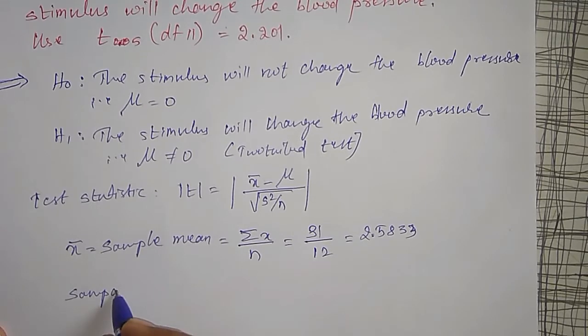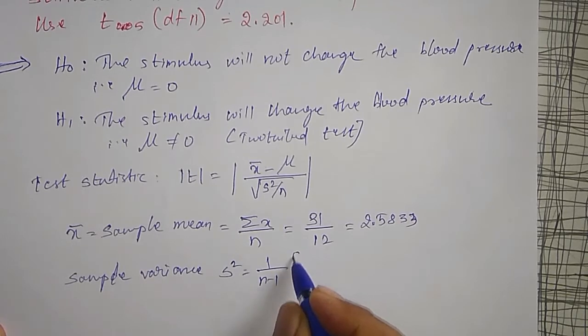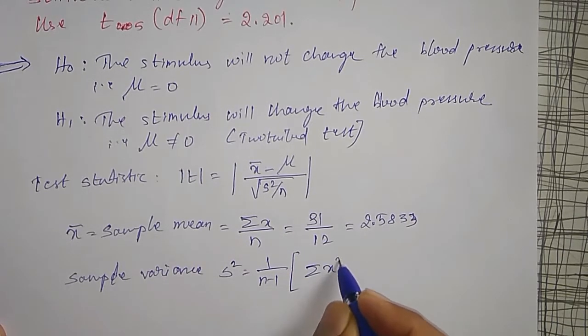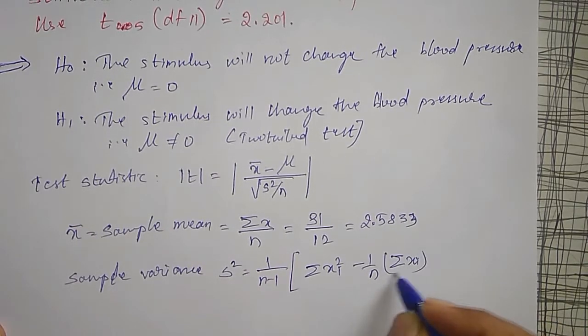Then the second one, mu, we have assumed it is equal to 0, and s square, the sample variance. s square is equal to 1 divided by n minus 1 into bracket sum of xi squares minus 1 by n into sum of xi the whole square.